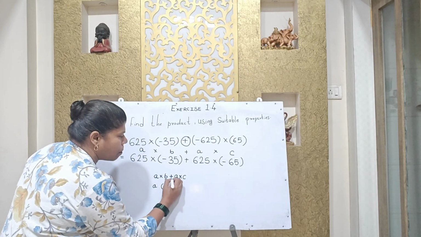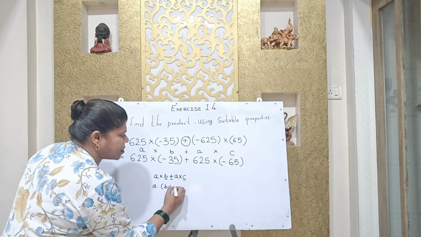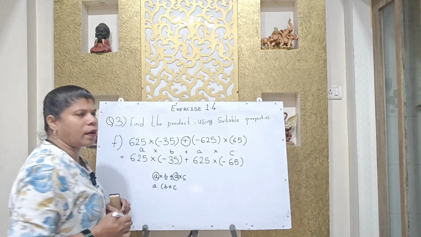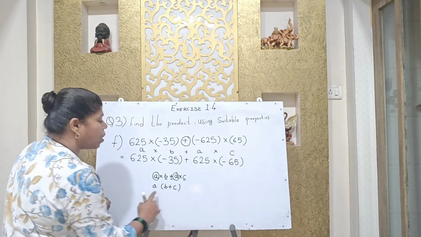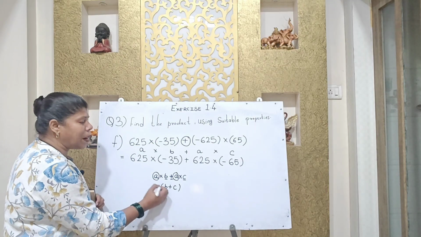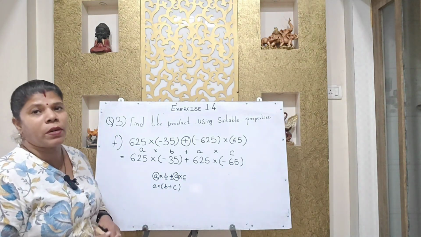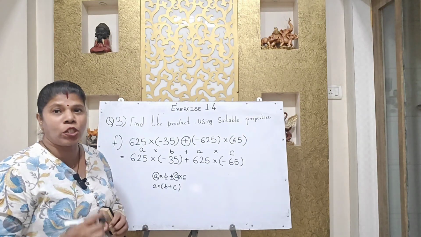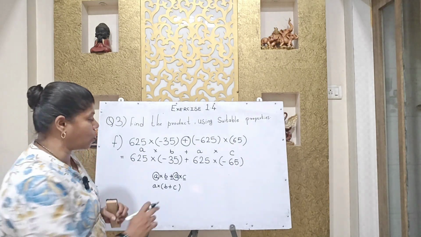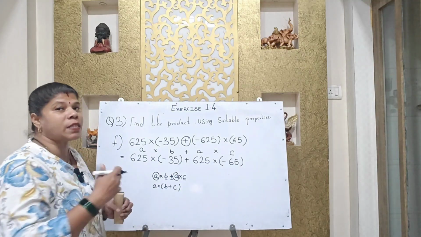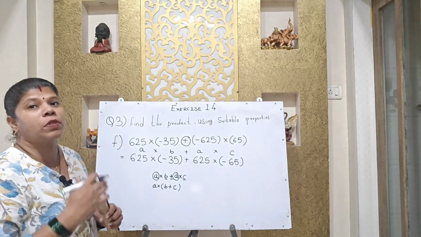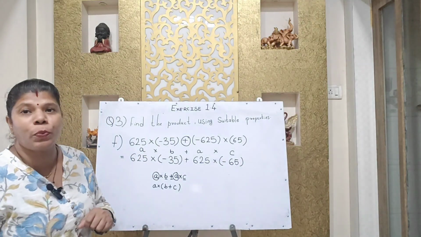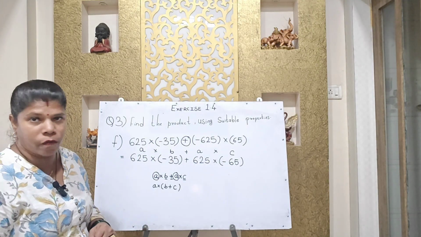This B प्लस का साइन एंड दिस C. A multiply by B plus C हमें कौन सी प्रॉपर्टी बताता है? डिस्ट्रीब्यूटिव प्रॉपर्टी ऑफ मल्टीप्लीकेशन ओवर एडिशन, क्योंकि यहाँ एडिशन का साइन है. अगर यहाँ सब्सट्रैक्शन का साइन होता तो हम बोलते ओवर सब्सट्रैक्शन. ओके, सो हमें ये सम डिस्ट्रीब्यूटिव प्रॉपर्टी की हेल्प लेके सॉल्व करना है.